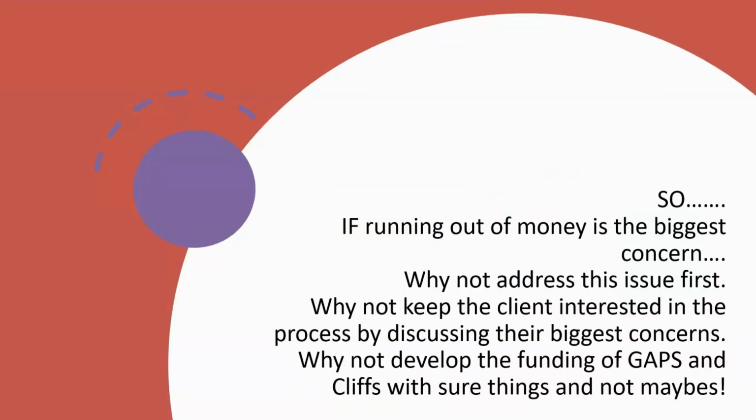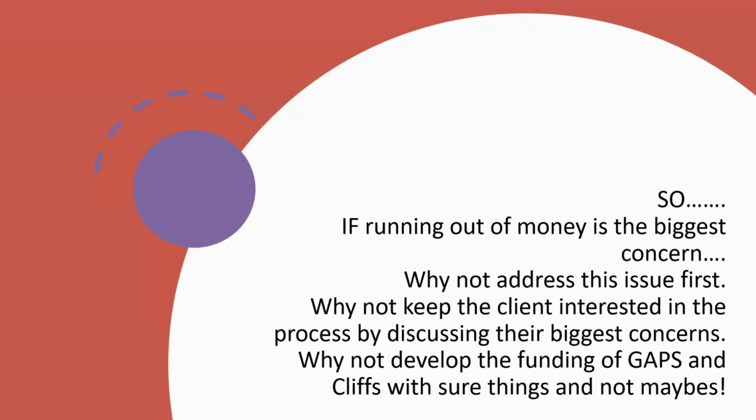So here's what I'm saying to you. A lot of you want to pivot over to life insurance sales too quick. The reason I want you to go to the income analysis and why I designed the sales presentation that way is, if running out of money is the biggest concern, why not address that issue first? Why take the risk of tying up a life insurance application over a couple of months?